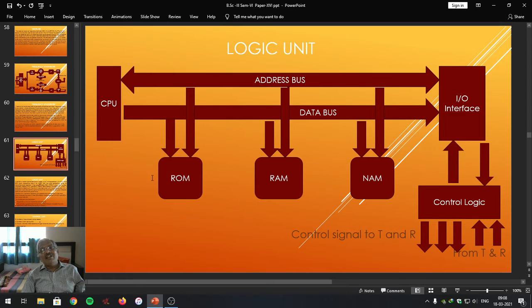You are well aware that this is the programmable memory. Most probably it is a PROM, programmable read-only memory. It is already programmed. One can read the data from this. One can't write it. You may read the numbers, you may read anything from that. It is provided for the user to read only.